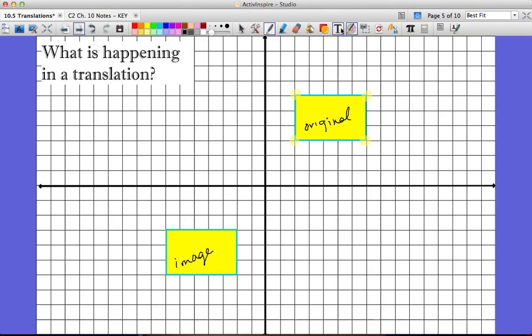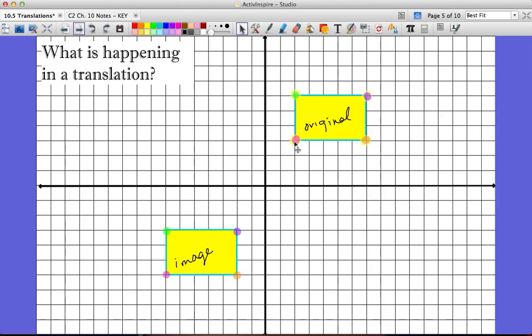And you have to match up the corners. So this corner down here is going to match up with this corner down here. So I'll make them both pink. And then this corner up here is going to match up with this corner here, here, and here, and then here and here.